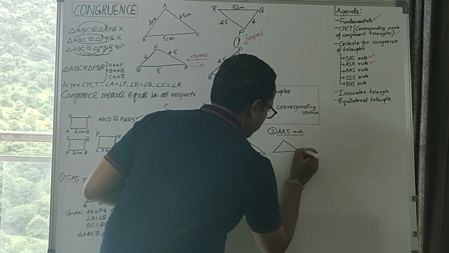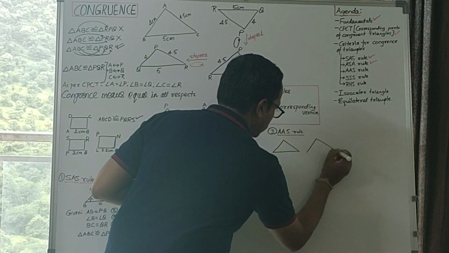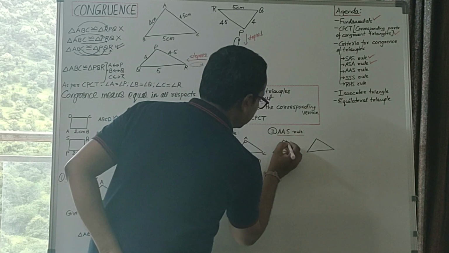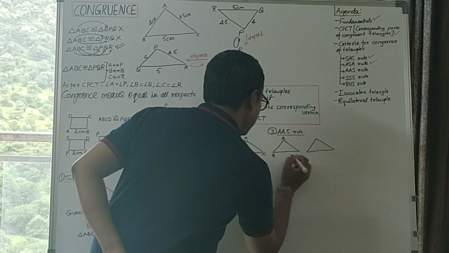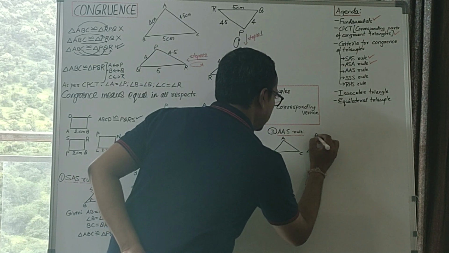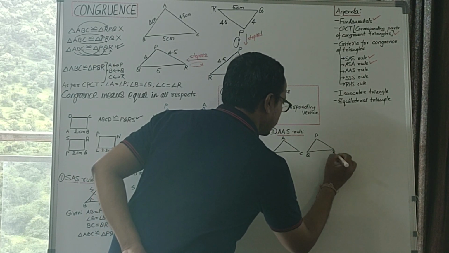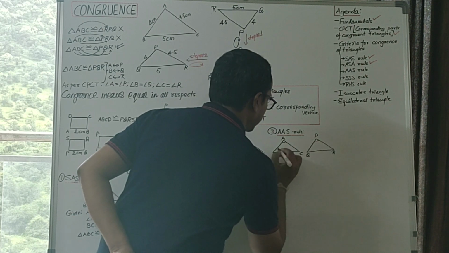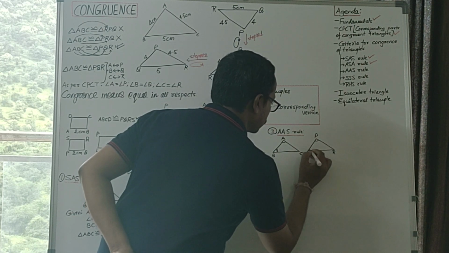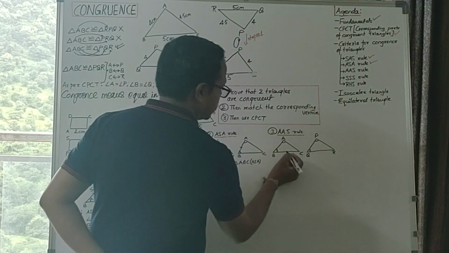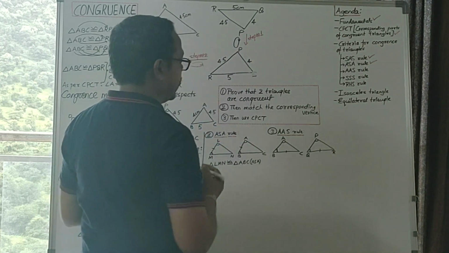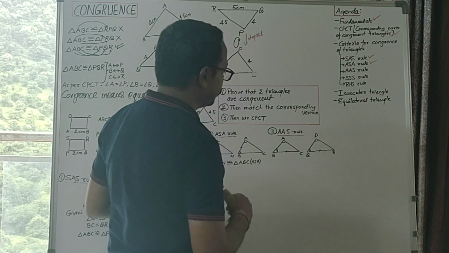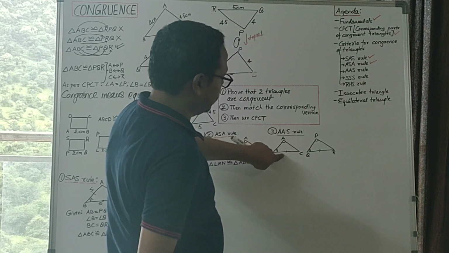Let's name them A, B, C and P, Q, R. AAS: you take two angles, A corresponding to B, this corresponding to this, and then S. AAS means angle, angle, side.